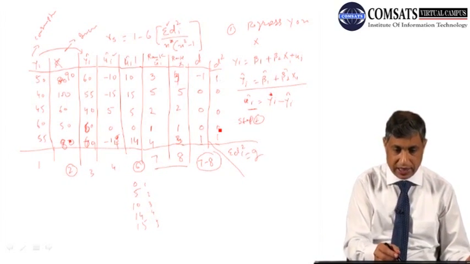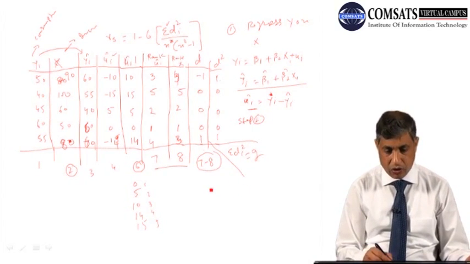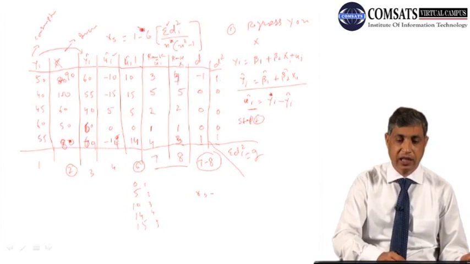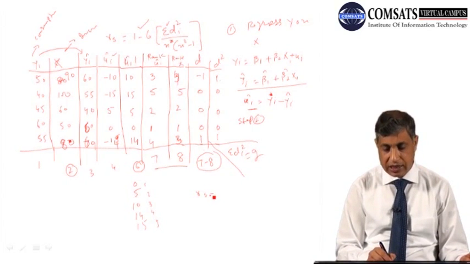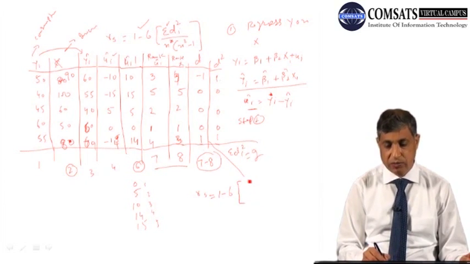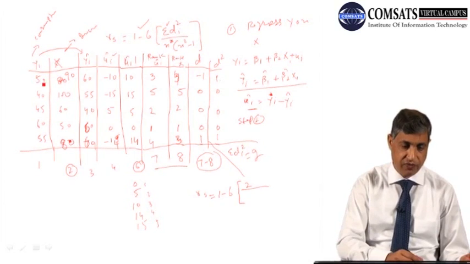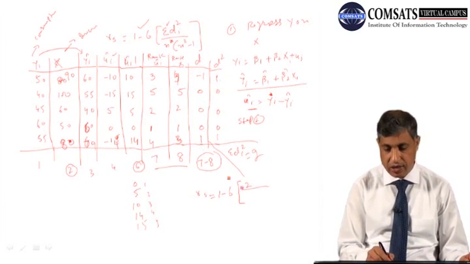Go to the formula again. This is the formula, and now RS, as written here at the top, is the Spearman correlation: 1 minus 6, and you have calculated summation di square as 2, over n, the number of observations, 1 2 3 4 5.